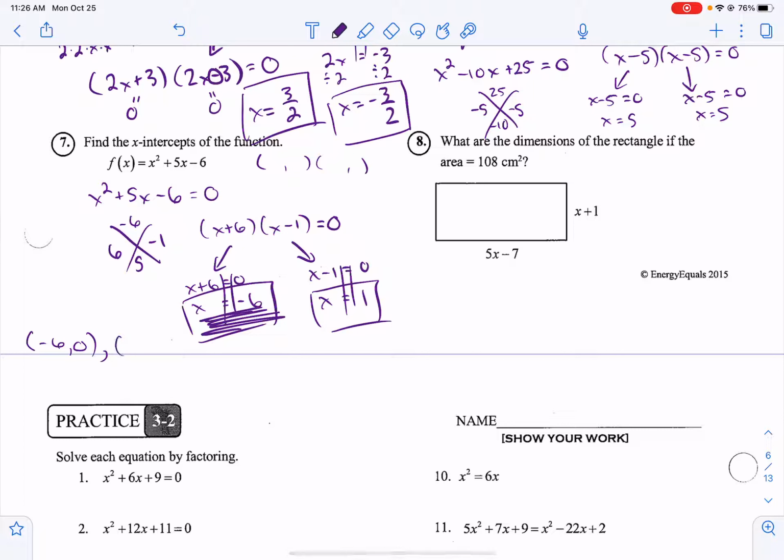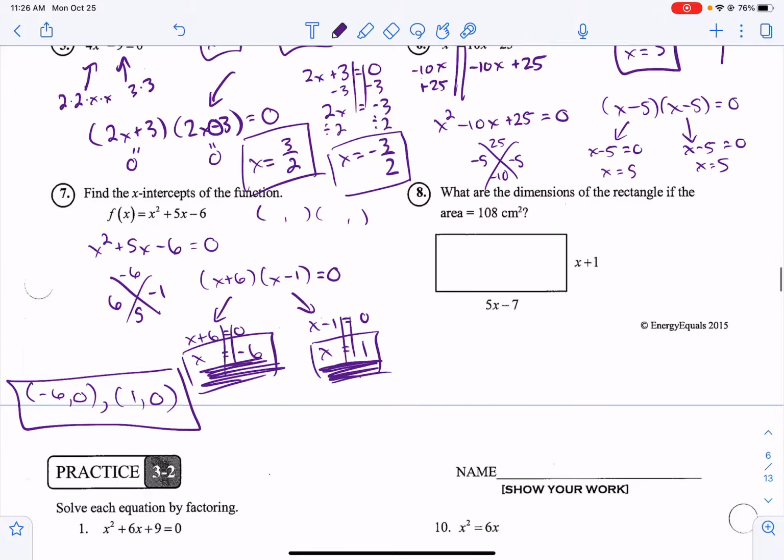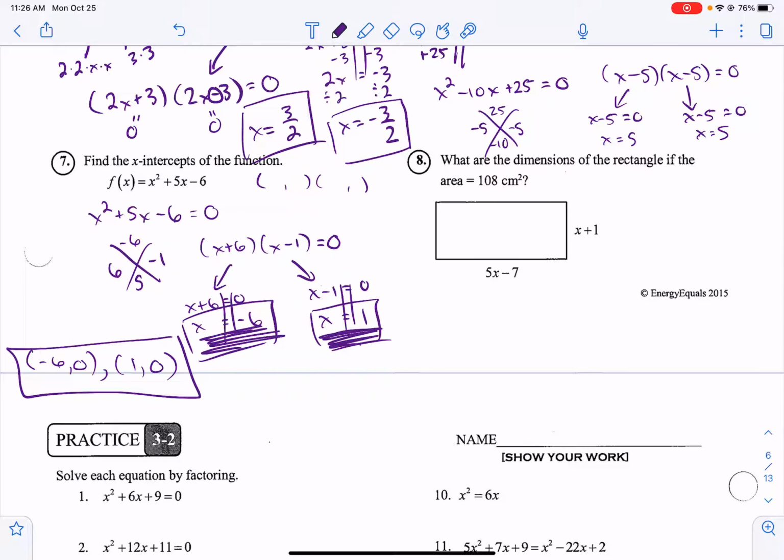My other answer is when x is 1, my y is 0. Those 2 points are my x-intercepts. So the difference between solving and finding an x-intercept is just the way you write the answer. That's your number 1 difference right there. Otherwise, the math is all the same thing, okay?